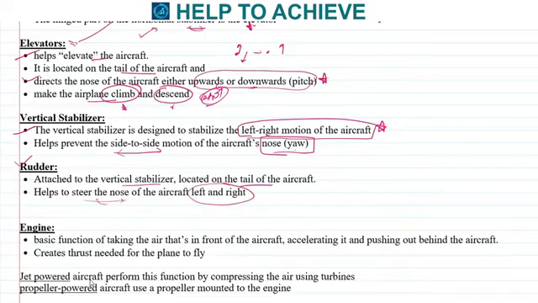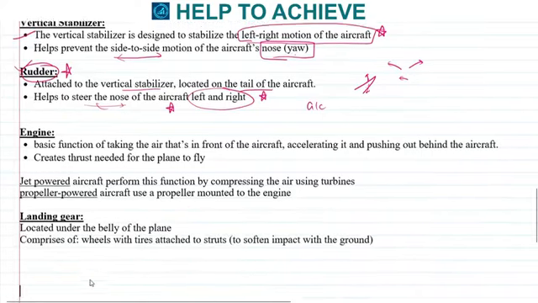The rudder on the tail can be moved right or left, and with the help of that, the aircraft direction can move right or left. So this turning of the aircraft right and left is achieved with the help of this rudder. That is the major functionality of the rudder that you have to remember.